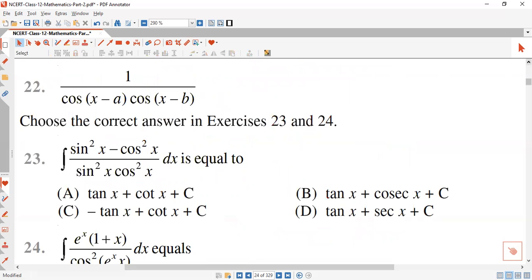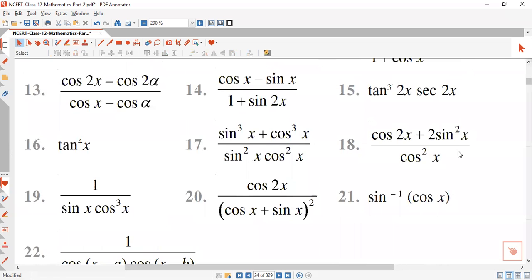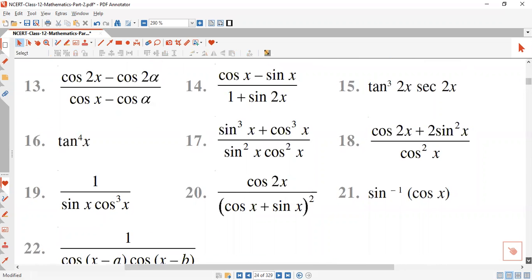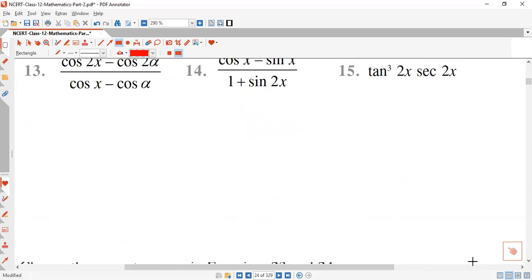Now we do question number 15: the integration of tan cube 2x sec 2x. We don't have the term sec square 2x here, so we convert the tan function and sec function in terms of cos and sine.